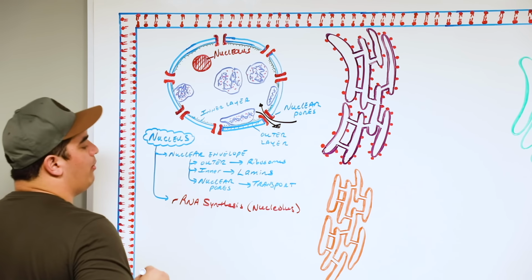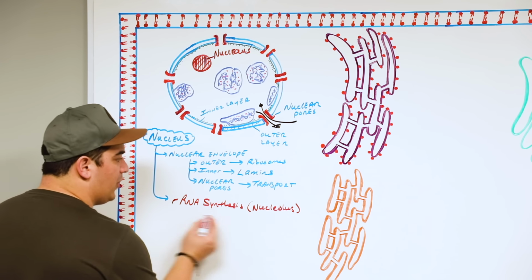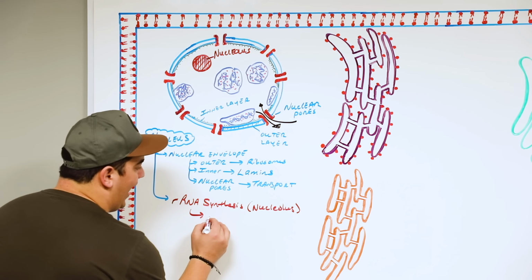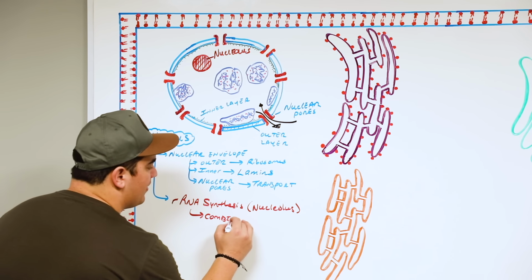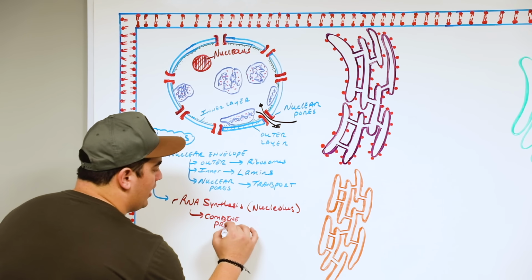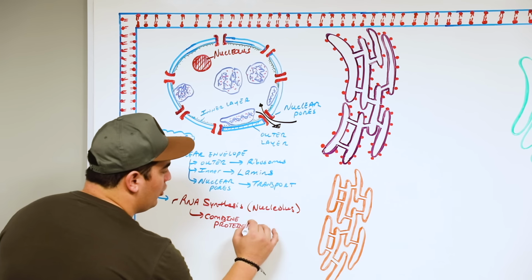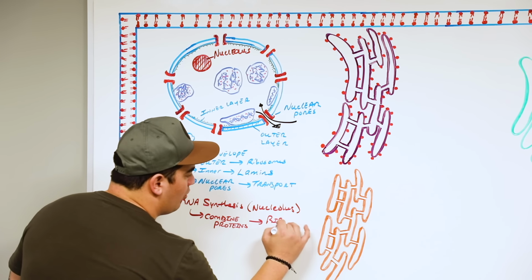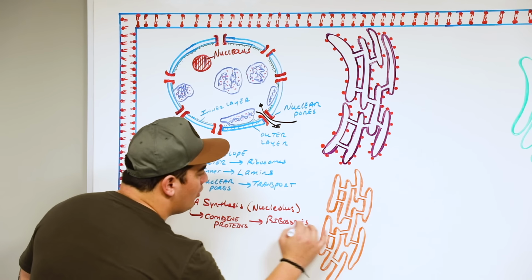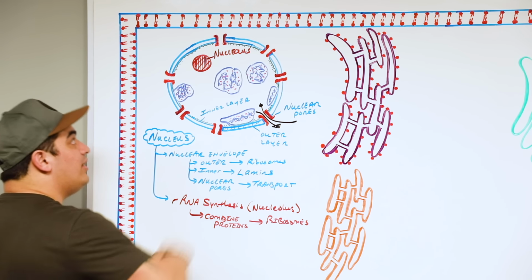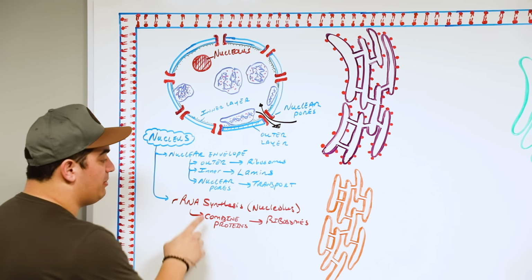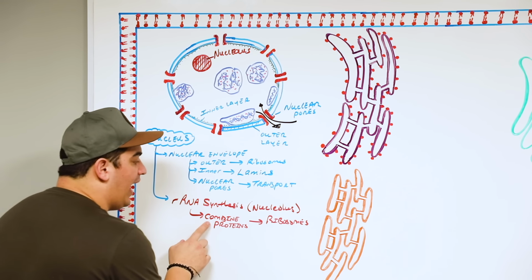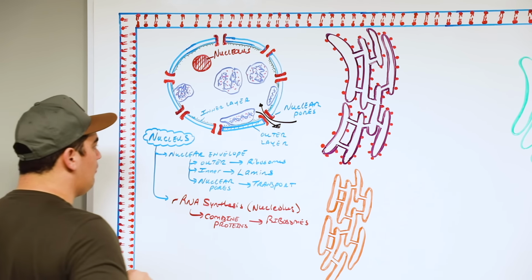Now, the reason why that's important is when you take rRNA, you synthesize it within the nucleolus, and you combine this with other types of small proteins. Guess what you make? You make ribosomes. So really what we can say is that the nucleolus, which is a component in the nucleus, is important for making ribosomes, which are made up of rRNA and small proteins.